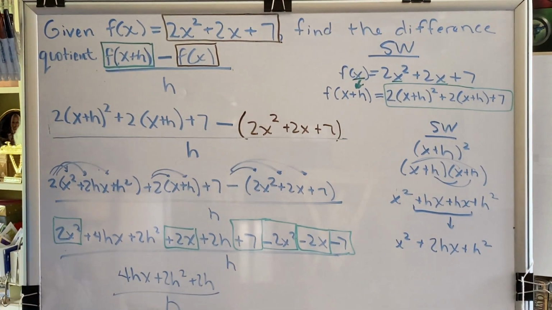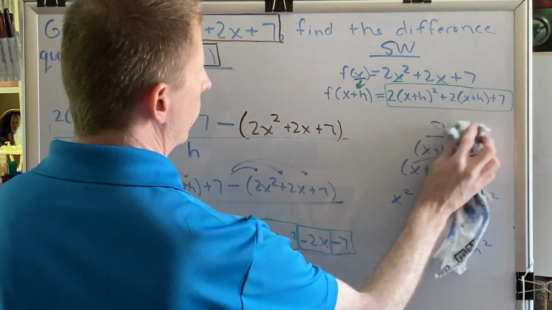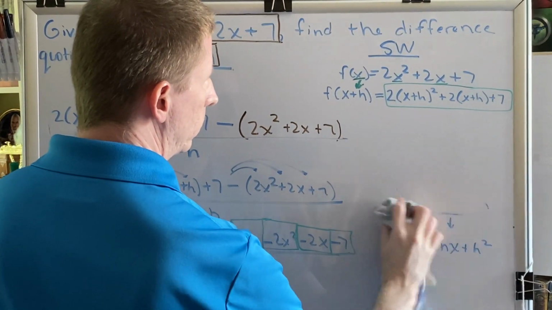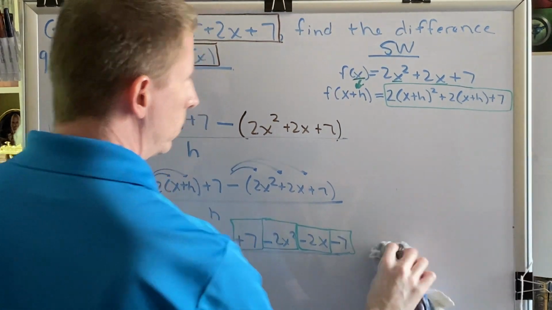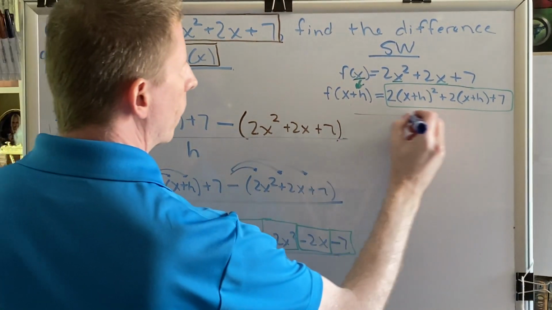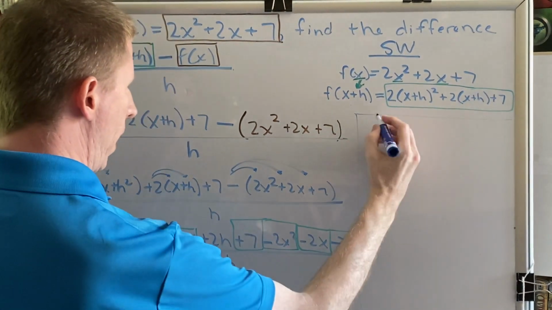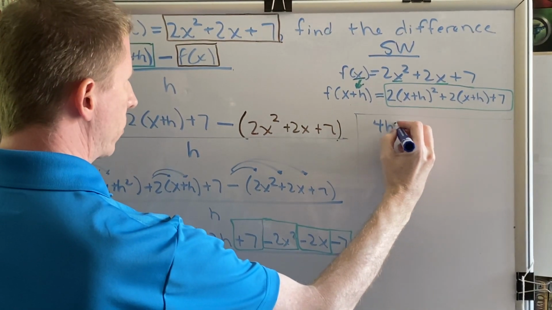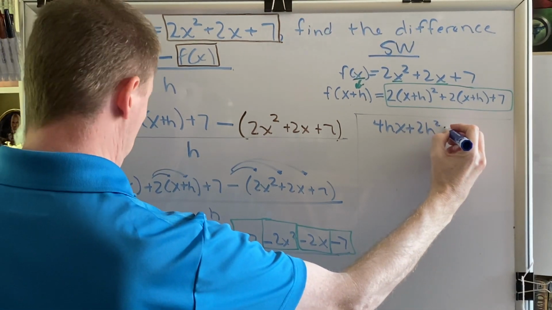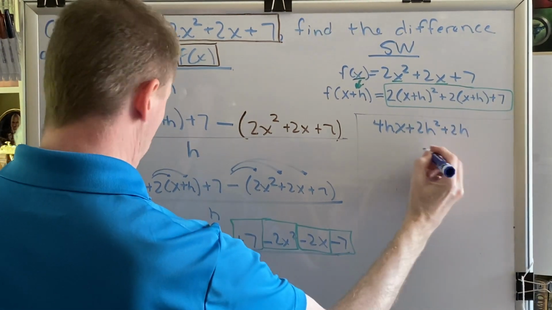Okay, let's create a little room to continue solving this problem. So we have 4hx plus 2h squared plus 2h over h.